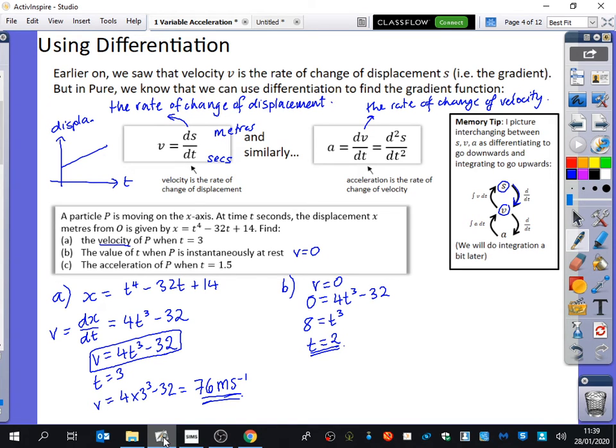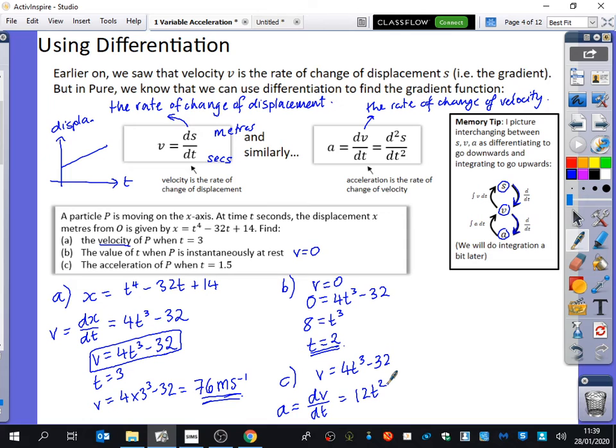Now, the last part of the question for part C says, find the acceleration of p when t equals 1.5. Well, I don't have what the acceleration is, so to find the acceleration, I need to differentiate the velocity. So the velocity is 4t cubed minus 32. So I'm going to find dv dt, which is the acceleration, which is just 12t squared.